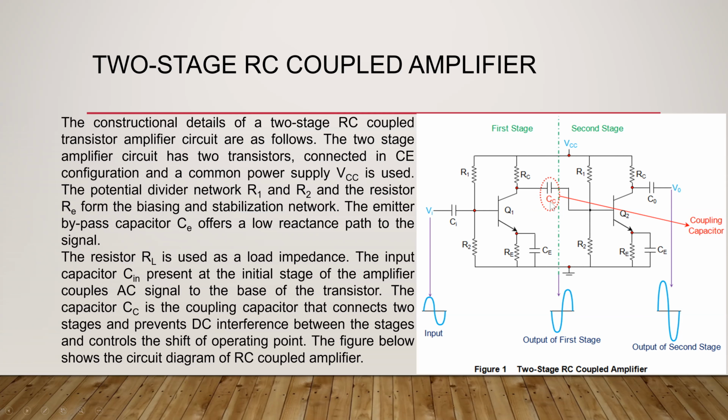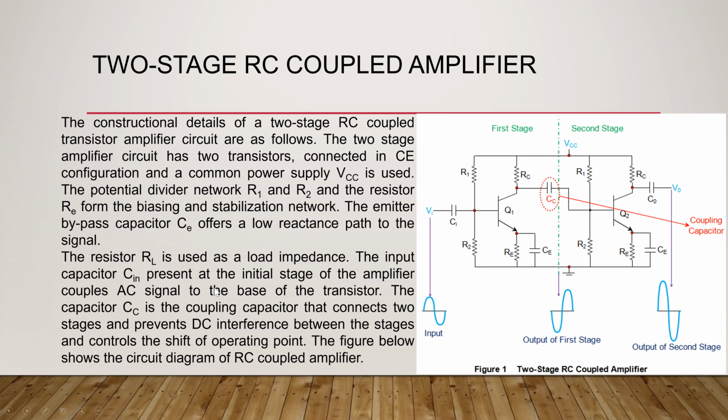This coupling capacitor will ensure that only AC from the first stage is connected to the input of the second stage. Thus, it will block the DC content from the first stage to the second stage or second stage to the first stage. Thereby, it provides DC isolation between the two stages. And lastly, the resistor RL is used as load impedance.